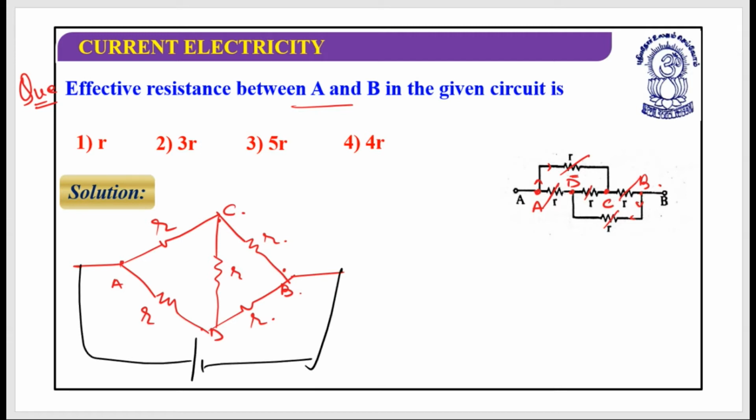So a fifth resistor is connected on the opposite diagonal than the battery.